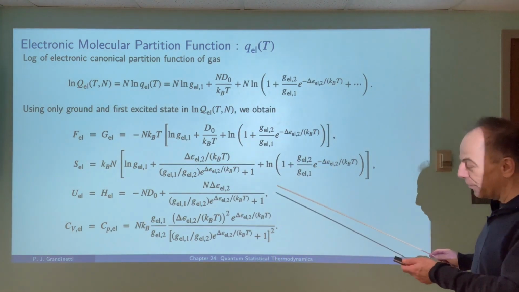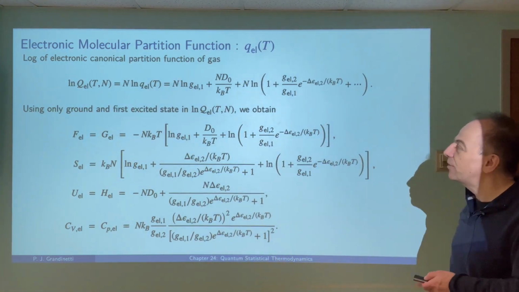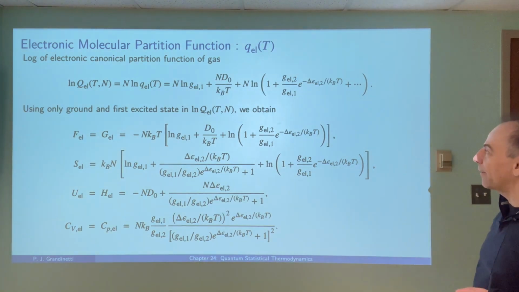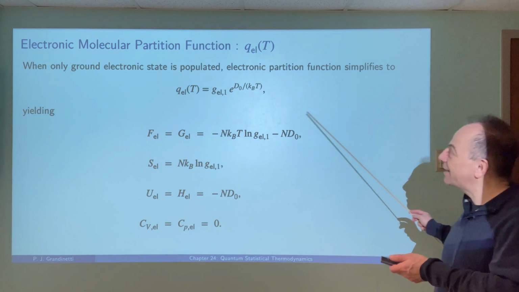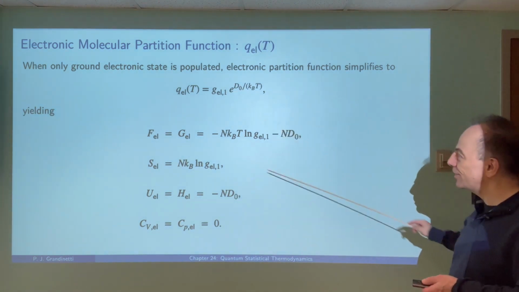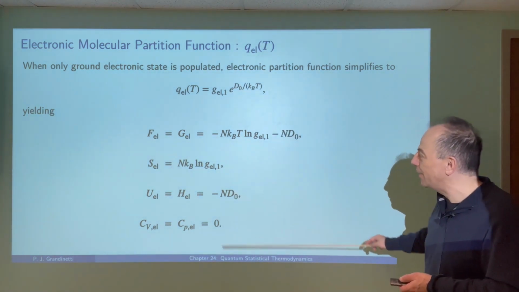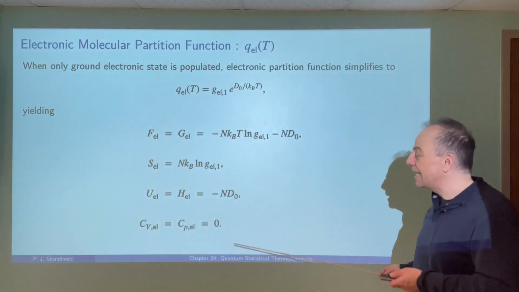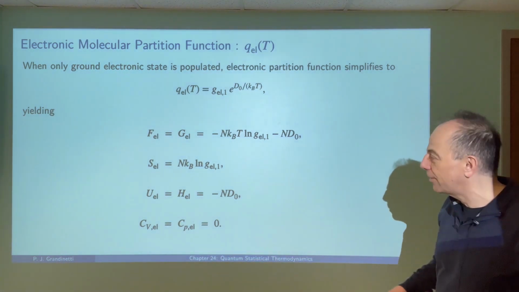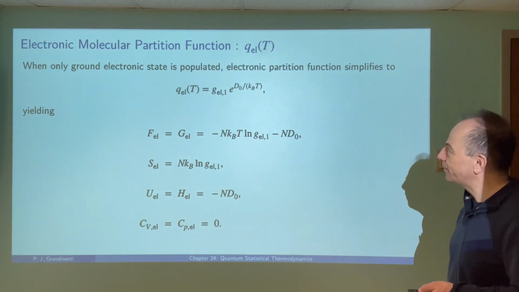So this is what we're going to have if we just include the first excited state along with the ground state. If we just got rid of the excited state and we just had the ground state, this would be our partition function, and these simplify quite a bit down here, and you can see that there's actually no contribution to the heat capacity, as you would expect if there's only the ground state that gets populated.